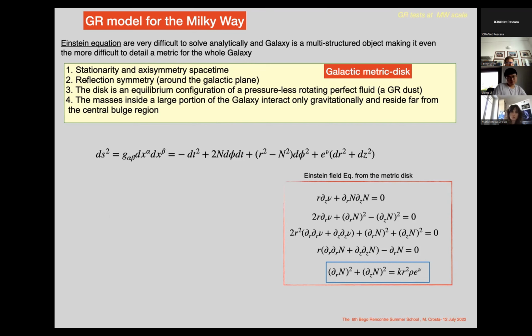We assume reflection symmetry, and so the disk is an equilibrium configuration of a pressure-less rotating perfect fluid. And of course, this metric does not take into account the bulge of the central region.